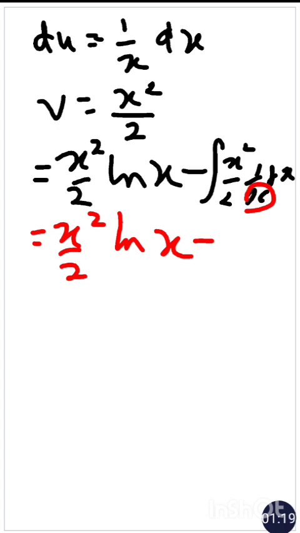When you integrate x over 2, it gives you x squared over 4, plus c, our constant of integration.